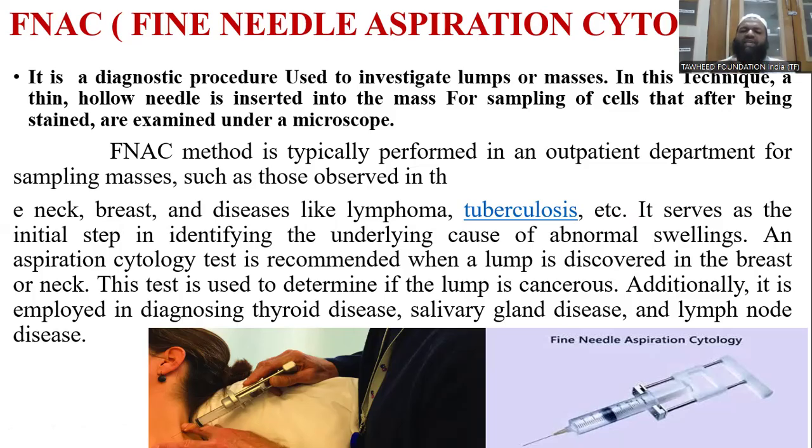If anywhere in the body there is an abnormal swelling, we can use the FNAC technique to collect a specimen from that abnormal swelling. Once the sample is collected, we can stain the sample, and after staining, we can observe under the microscope for abnormal cells.